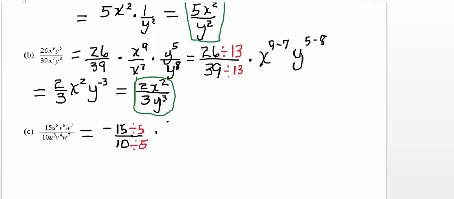And then we're going to multiply by u to the 9th over u cubed, times v to the 6th over v to the 4th, times w to the 7th over w to the 7th.